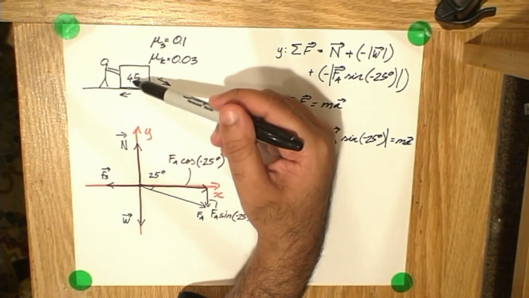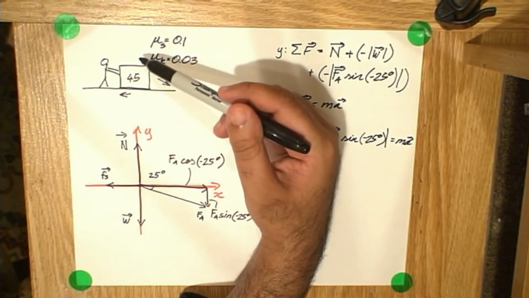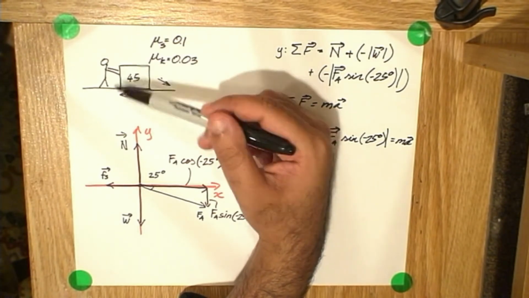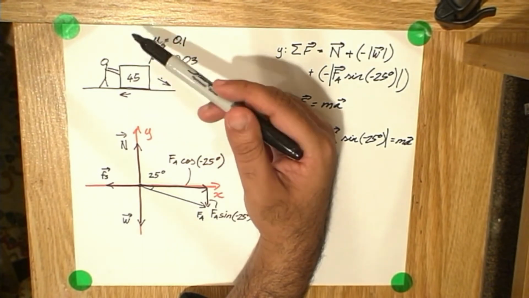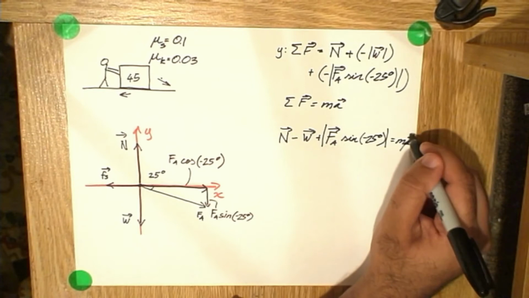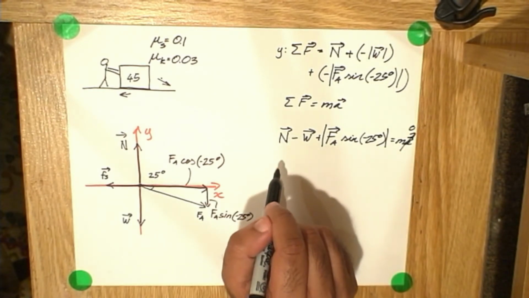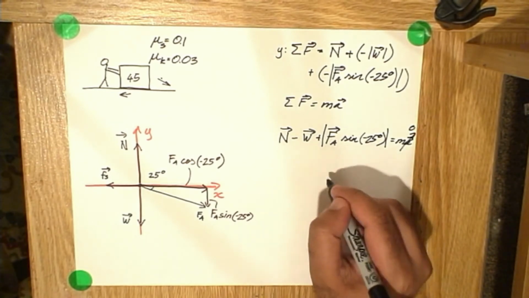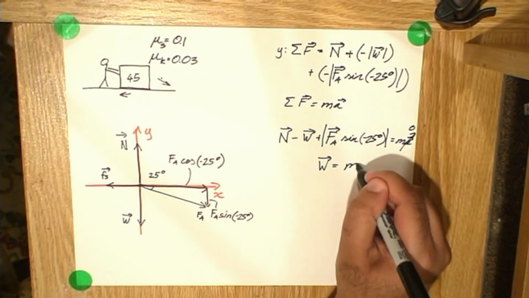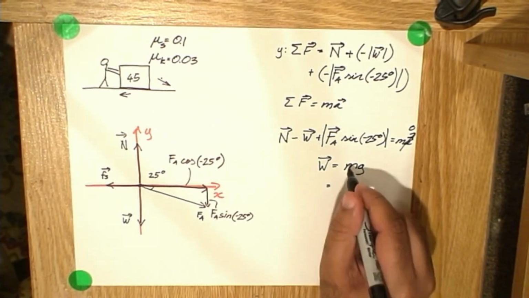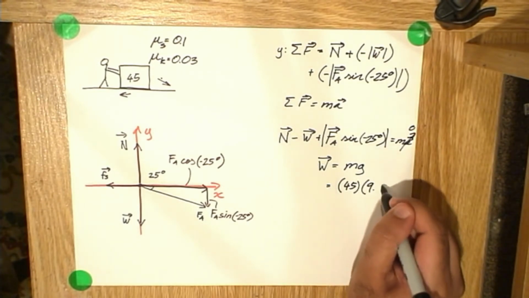Now, the object is not collapsing into the ground, and it's not levitating off the ground. So there's no motion at all in the y direction. And that means that there's no acceleration in the y direction either, which means this acceleration is 0. So the next thing we need to do is to find out what the weight is. Weight is equal to mass times gravity. So the mass was 45 kilograms, gravity 9.81.